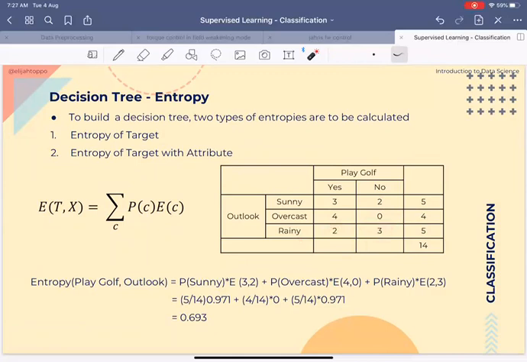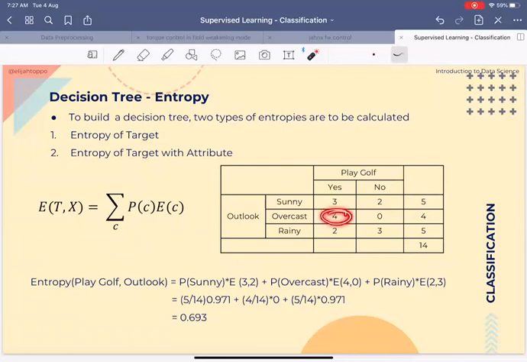So if I was to tell you to just look at this data and find its entropy, of the 3 cases, sunny, overcast, and rainy, which case will have the lowest entropy? Overcast. Excellent, because out of the 4 examples, all the 4 examples belong to one class.